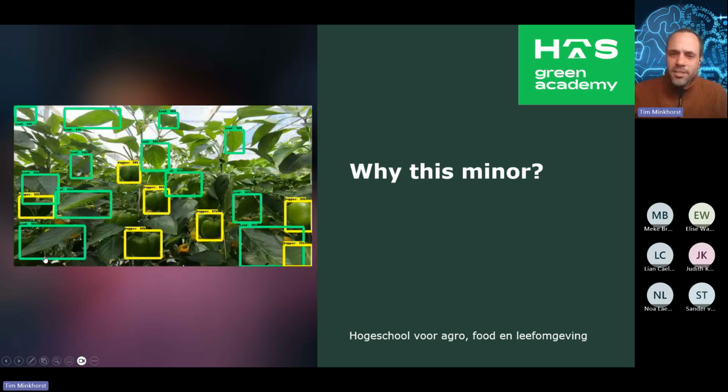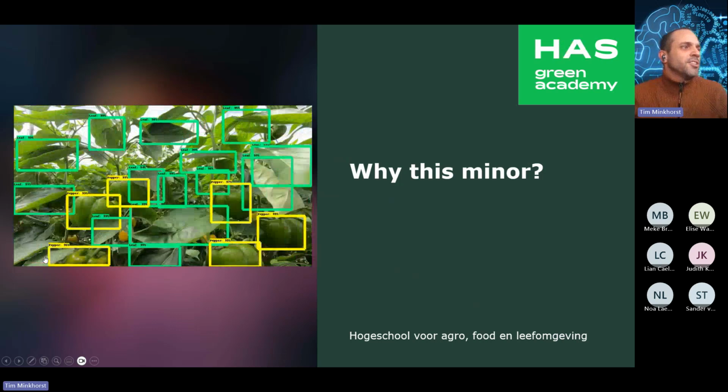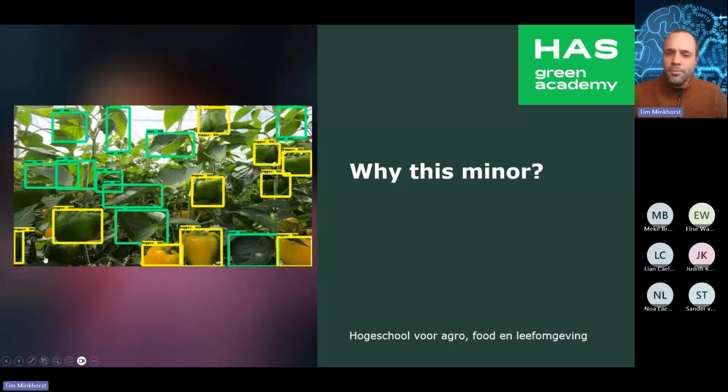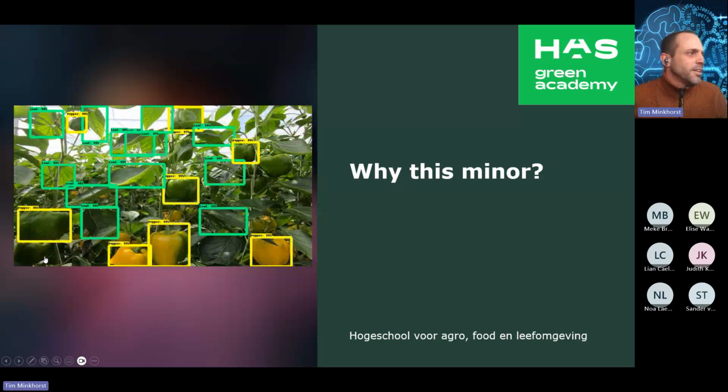But what you see over here is an automated detection system in a greenhouse for peppers, bell peppers. And in this picture you see that the people that developed the system labeled the yellow peppers, but also the leaves are scored. This is a tool you can apply in a greenhouse in order to count the number of fruits you have, or to determine the ratio of your leaf coverage to your fruits.